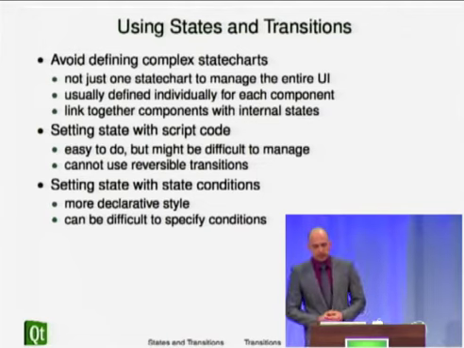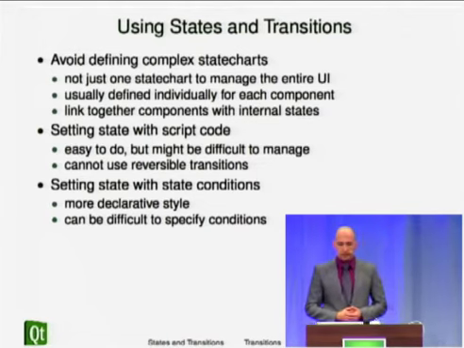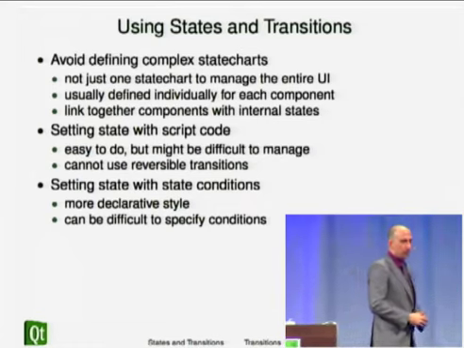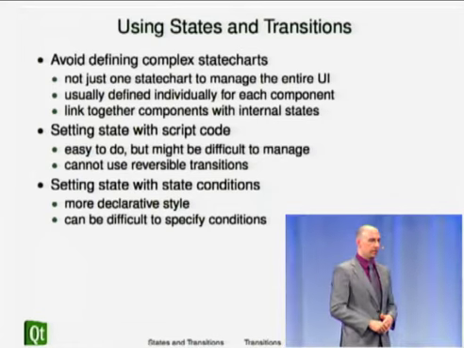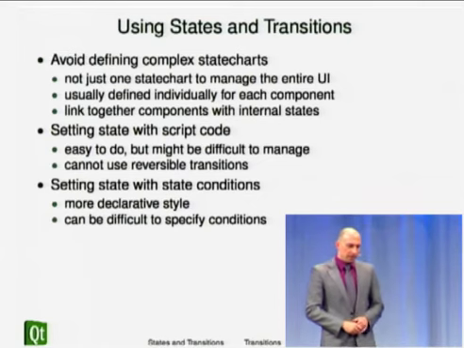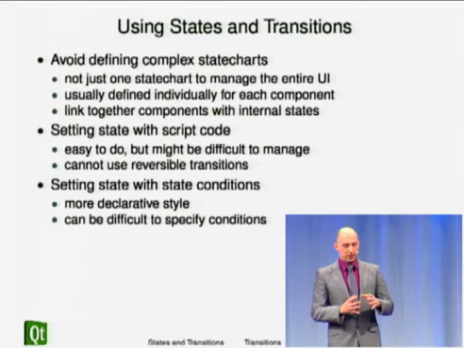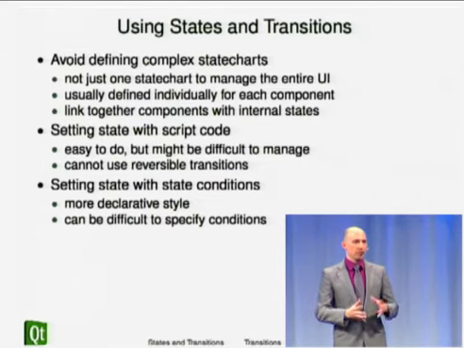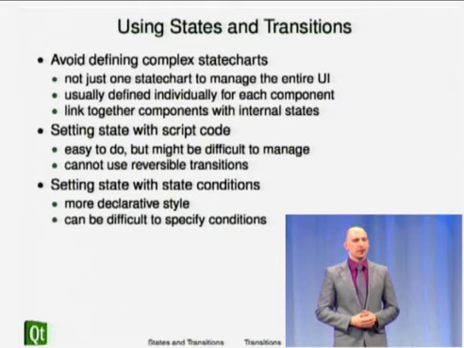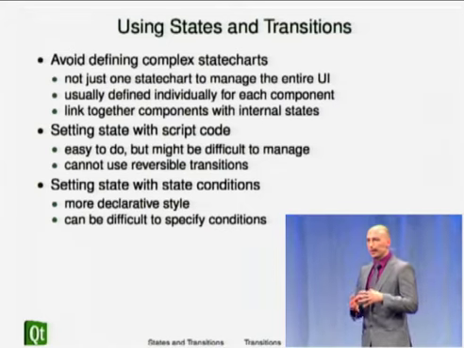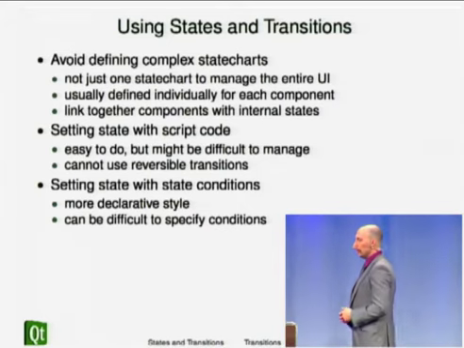Before we get more into the animation stuff, it's good advice, again. It says you're supposed to avoid complex state charts. And the way around that is to have nested state charts. So to have some local state representations and then have higher level state representations at the application or module level. So it's good to stay somewhat local with your state machines and to try and not get them too big.